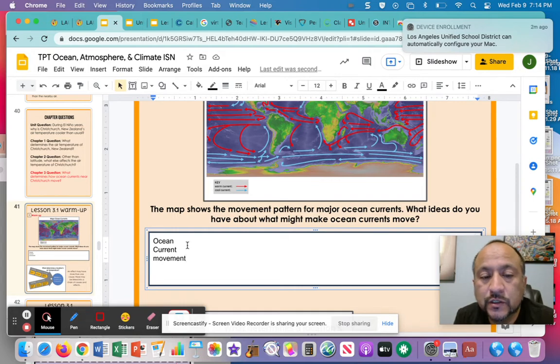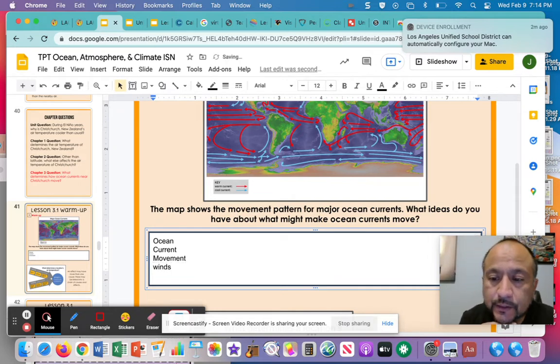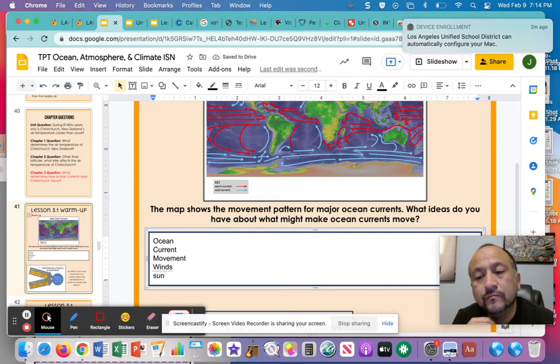So think about this question, write your thoughts down, and using the words ocean, current, and movement might be a good idea. Do you think that maybe the winds have something to do with it? Do you think maybe the sun might have something to do with it? Think about that for a second.